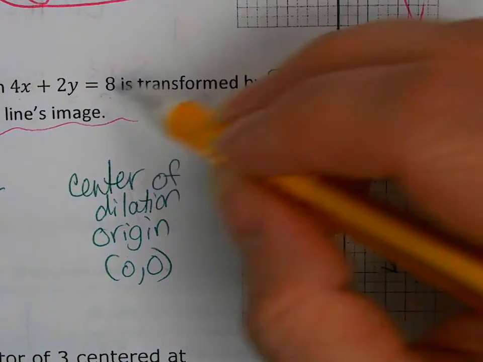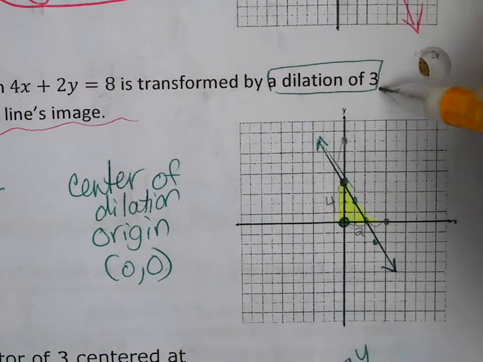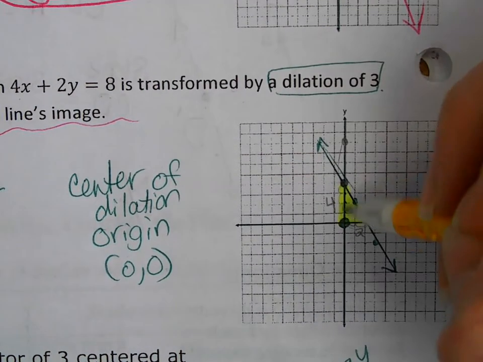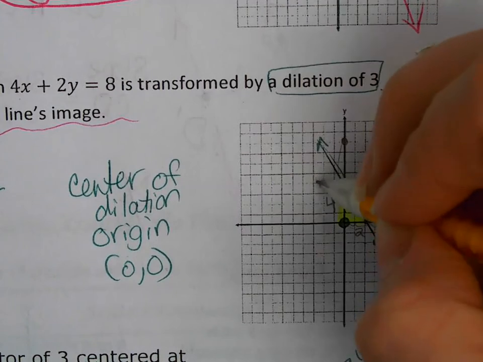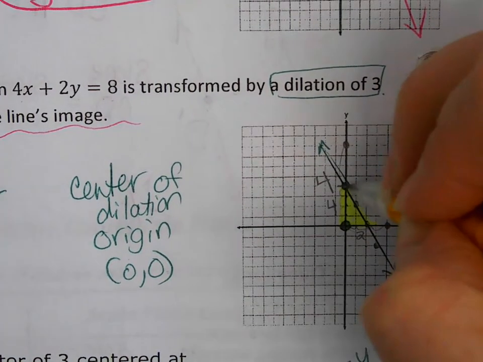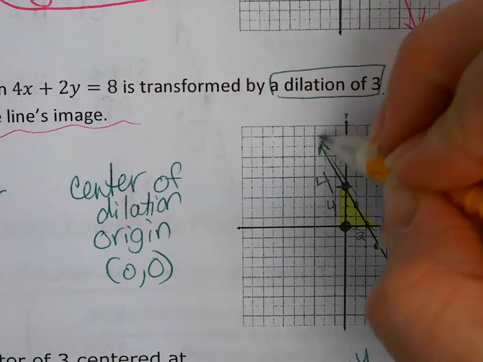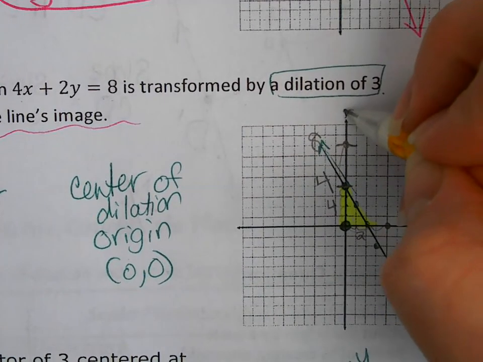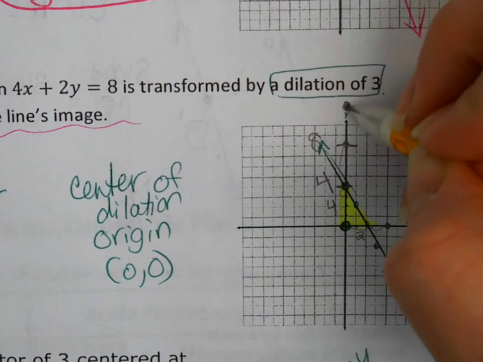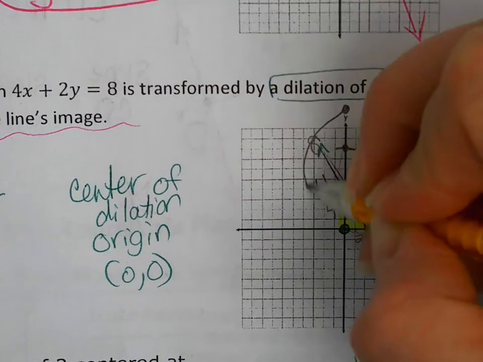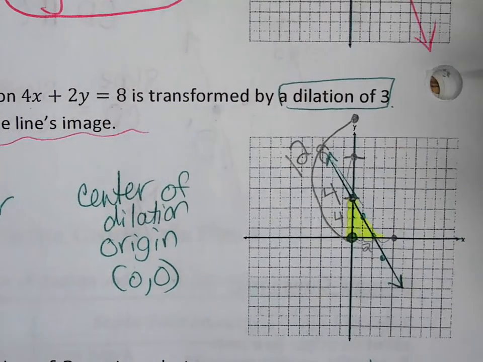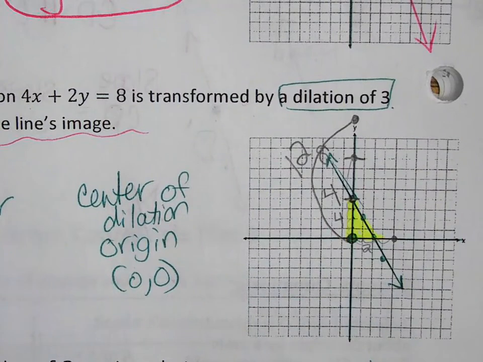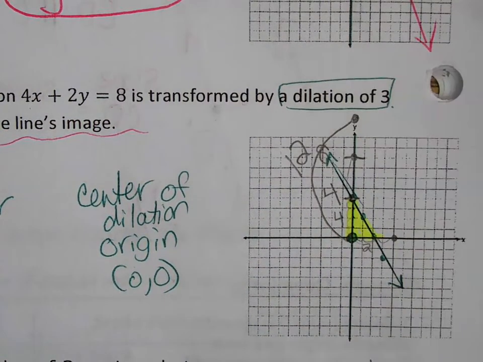Well, we want to go 3 times farther. So that y-intercept was a 4, right? This one would be 8 to be twice as far. So we're going to multiply it 3 times to get a total distance from the origin of 12 boxes away. So our y-intercept is the key piece here.